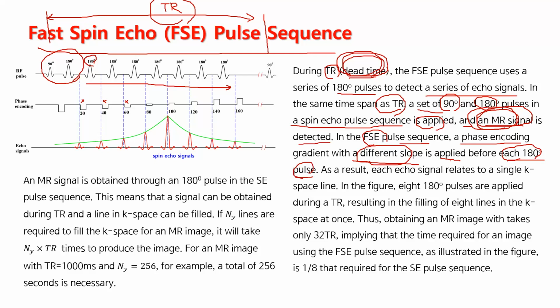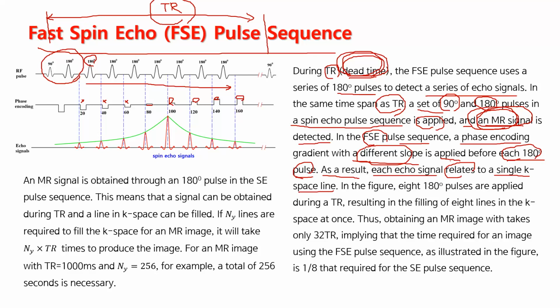So this is negative and increasing, and 0 here, and positive and increasing. So for each 180 degree pulse, we have to change the phase a little bit first. Okay. As a result, each echo signal relates to a single K line. Okay.